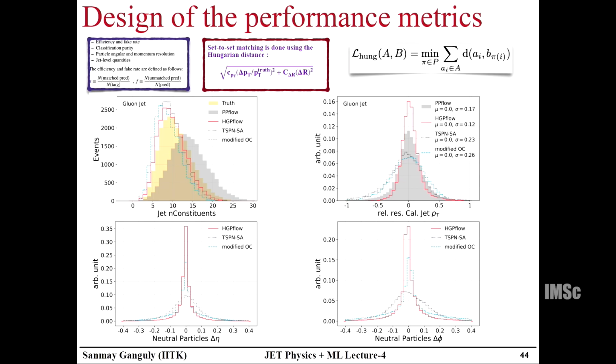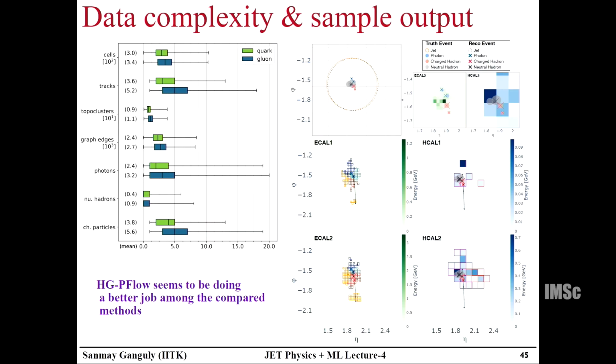So here we published our paper where we showed that we had a regular particle flow, then we have graph neural networks, and then we went to hypergraph neural networks, which is now one of my tasks in CMS: to bring the ideas of this paper, which we developed, inside CMS.